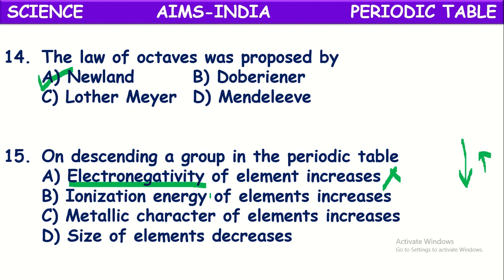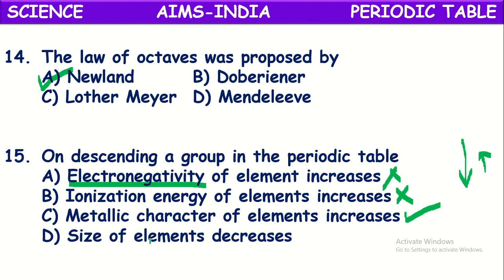As in a group from top to bottom, atomic size increases, ionization energy also decreases, not increases. Metallic character of the elements increases. Yes, as the size increases, the tendency of losing electrons increases and hence we say metallic character increases.